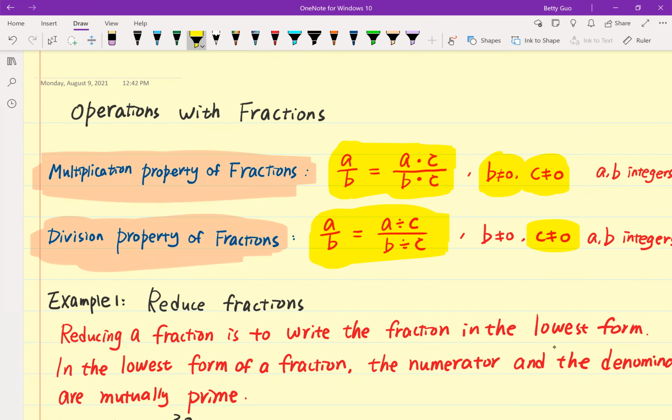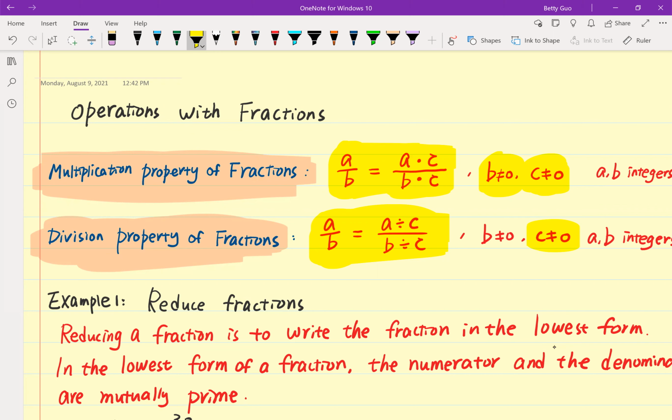So it means if we need it, we can divide both top and bottom of a fraction by a non-zero quantity without changing the value of the fraction. Those are the two important properties for fractions. Is that clear? It tells us what we can do with fractions.